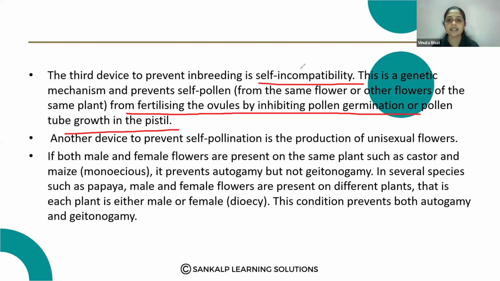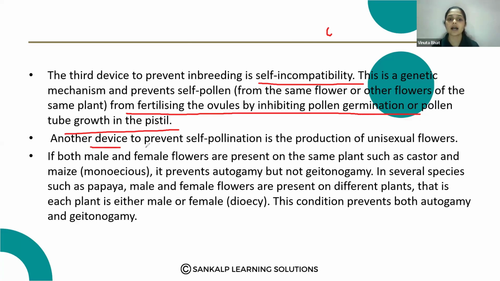So the pollen grain is not able to germinate because of some chemicals or some genetic mechanism, which prevents germination or pollen tube growth on the pistil. That is called self-incompatibility.